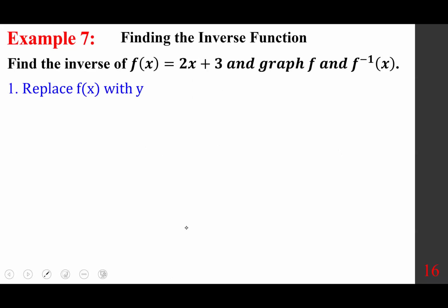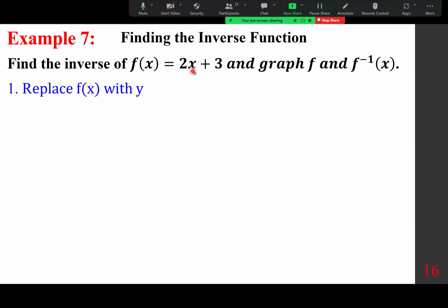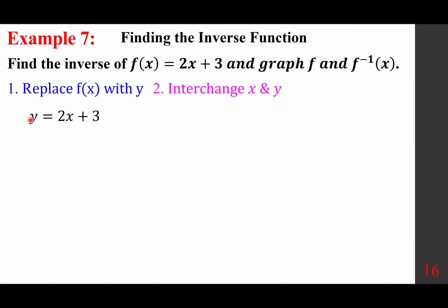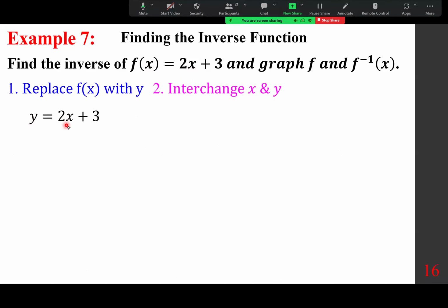We want to find the inverse of f of x, where f of x is given as 2x plus 3, and we want to graph the two functions. So step 1, replace f of x with y, again, because it makes it easier to work with. Step 2, interchange x and y, that is x equals 2y plus 3.